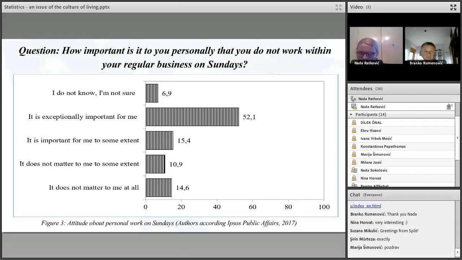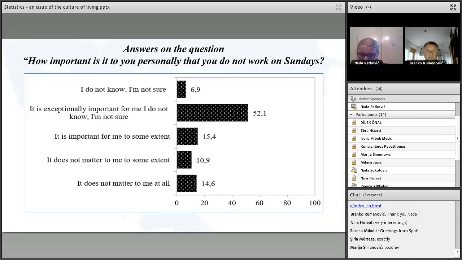The third question is, how important is it to you personally that you do not work within your regular business on Sundays? 51.1%, it is exceptionally important for me. I don't know, I'm not sure, a really small percent of respondents answer on this question.